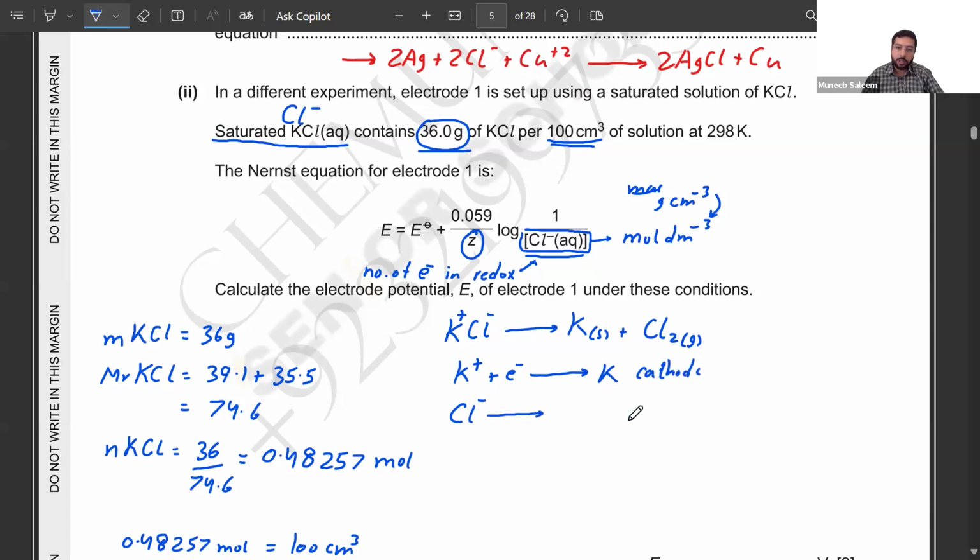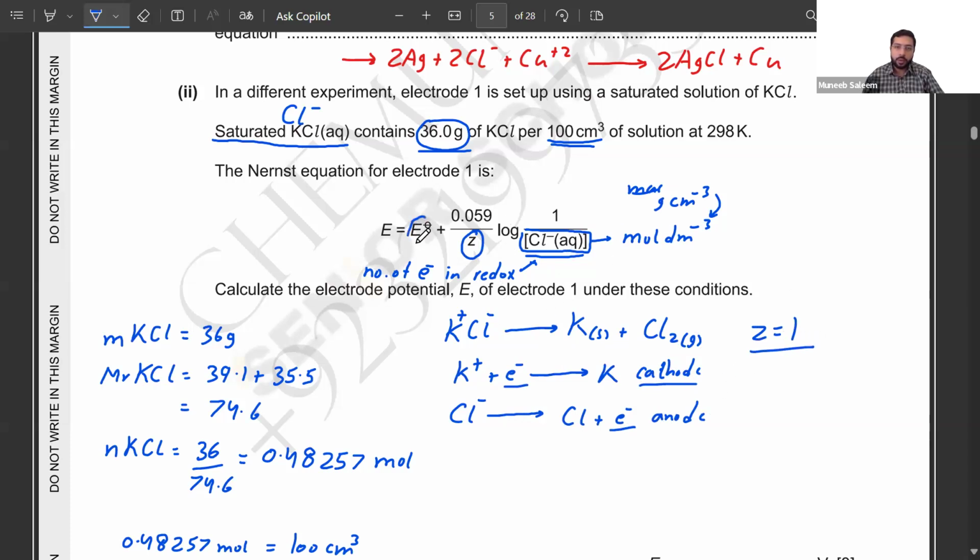This is the cathode reaction, and the other one will be for the anode: Cl negative gives Cl plus electron. This was done at the anode. So in both of these cases, we have one electron each, which means Z is equal to 1, since it is 1 electron. So we have got the value of Z as well.